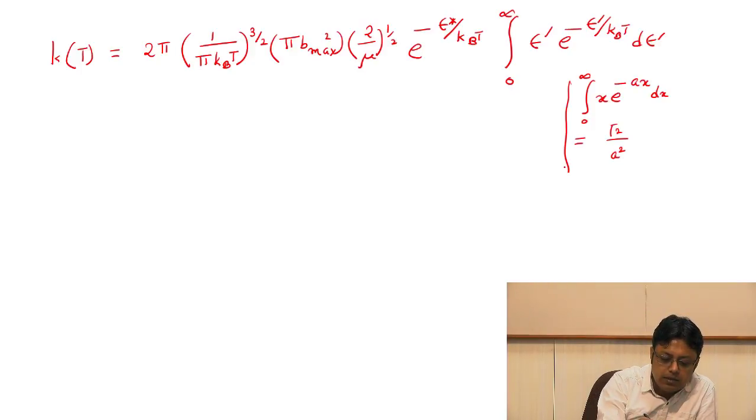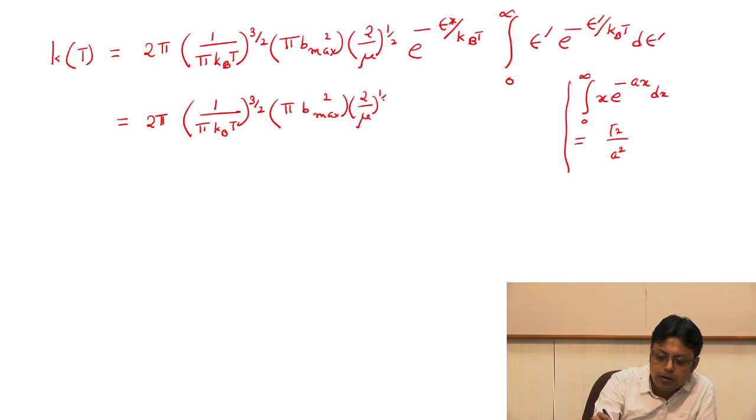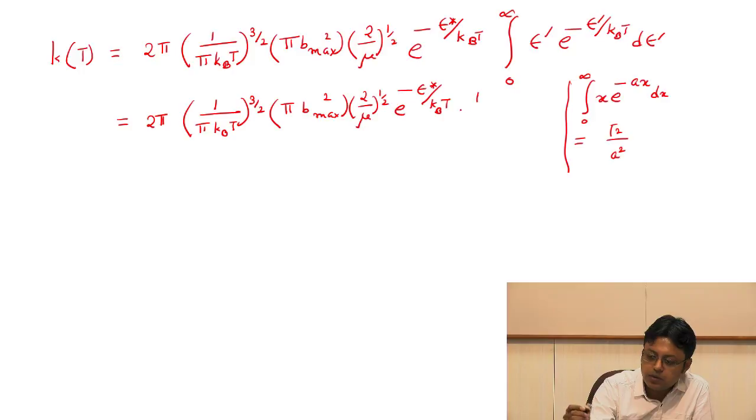So we can now evaluate. So it is 2 pi times 1 by pi kBT raised to the power 3 by 2. Then I have pi b max squared times 2 by mu to the power half, e to the power minus epsilon star by kBT, times the value of this integral, which is 1 over a to the power 2.